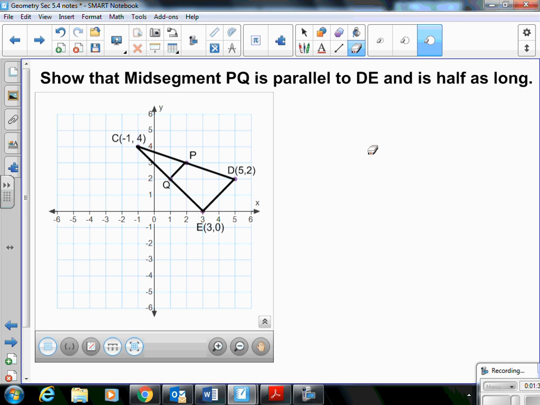So here it tells us to show that mid-segment PQ is parallel to DE and is half as long. Basically we're going to go through the process here to prove with math that the theorem is correct. First, we can figure out if they're parallel. In order for us to prove that they're parallel, what do we have to figure out?